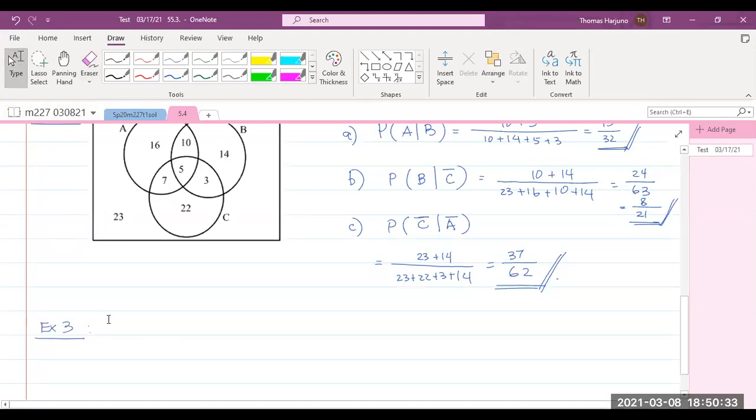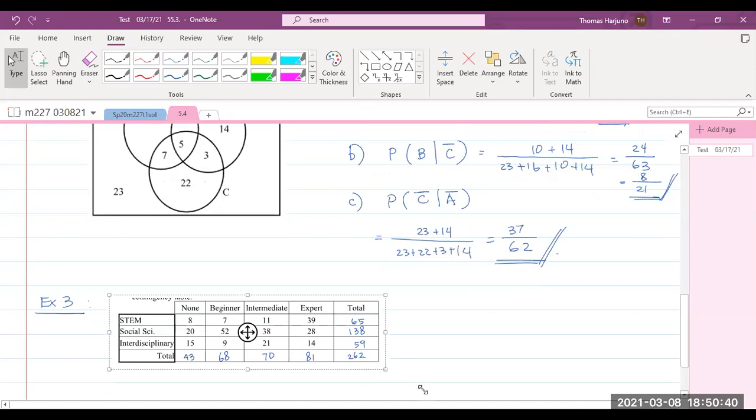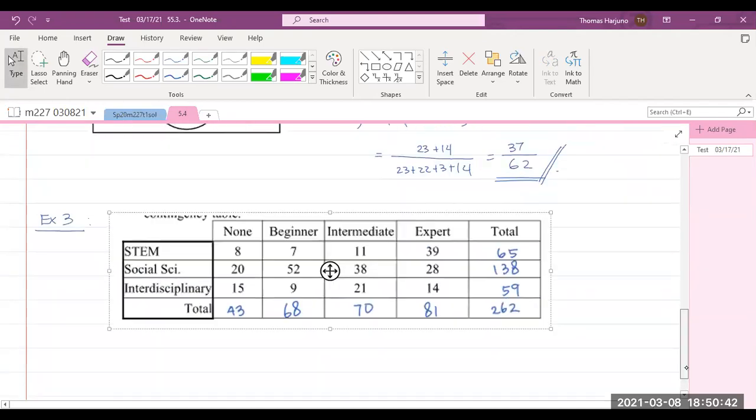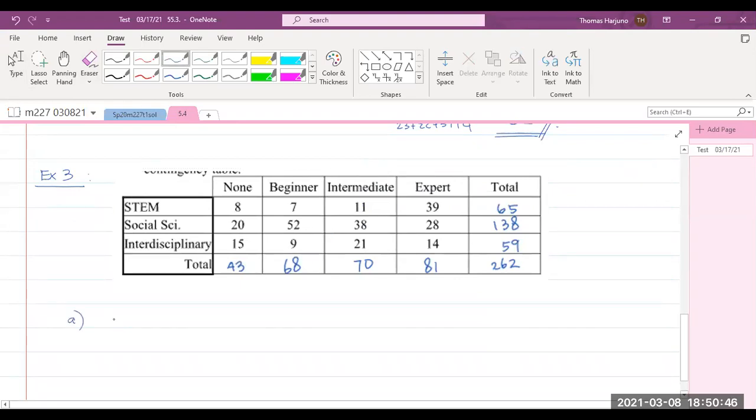Suppose we have this Venn diagram here. Okay, part A, find the probability of selecting someone with no expertise at all, given that person is in STEM.